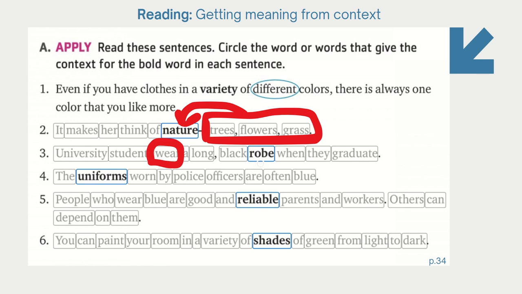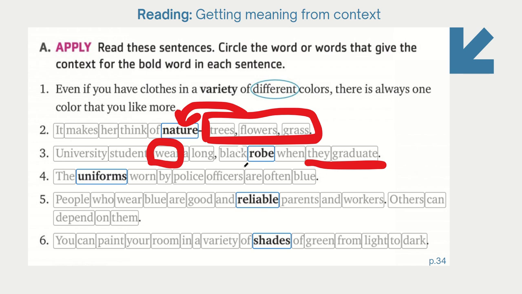What color? Black. And how is it? It is long, a long black robe when they graduate. So it is not a uniform. It is not a student uniform because it is worn on a special occasion, which is the graduation ceremony. So it can be a cloth for a graduation ceremony.